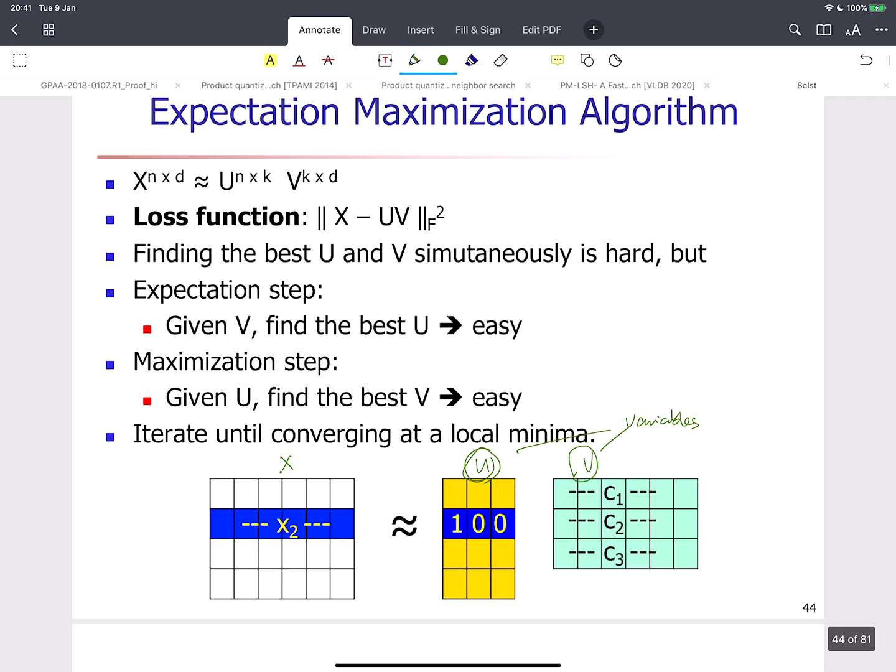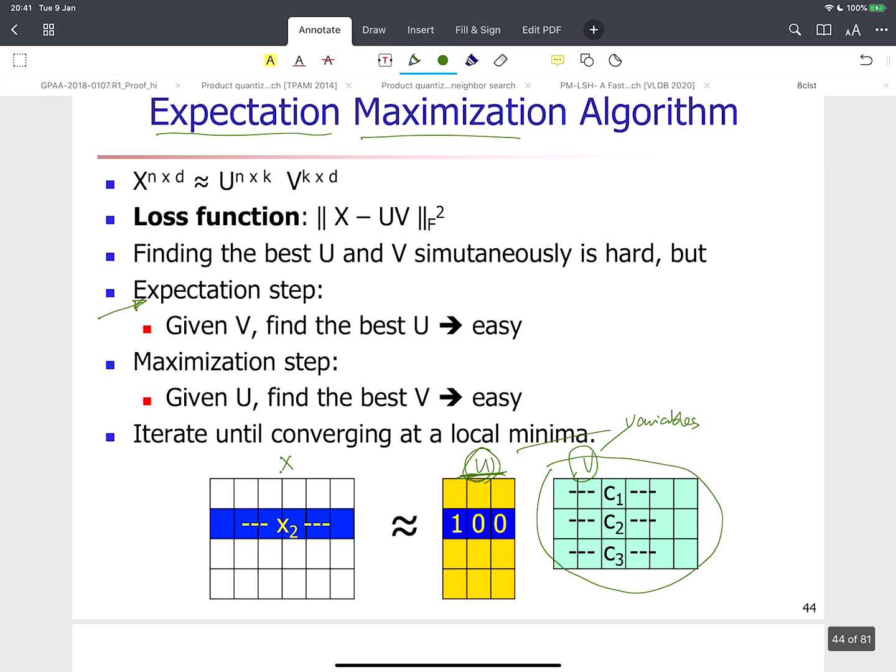Anyway, one of the methods you can use to deal with this is called the EM algorithm, and basically it does loops, similar to k-means. K-means is one of the examples. First of all, you do the expectation step. In this example, it says, okay, if I give you the V's, try to find the best U's.